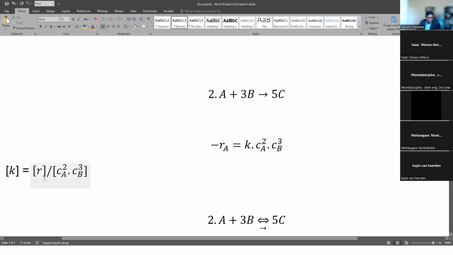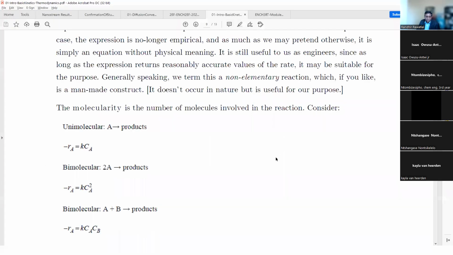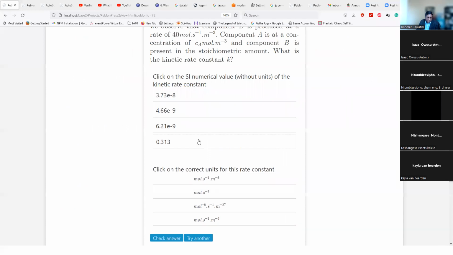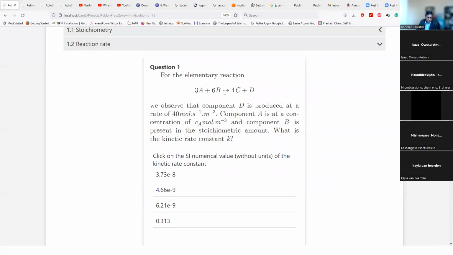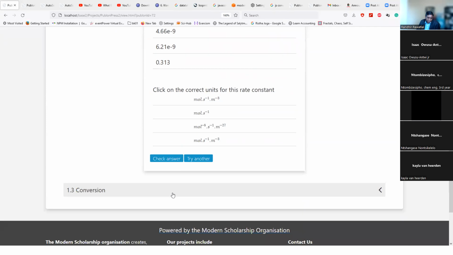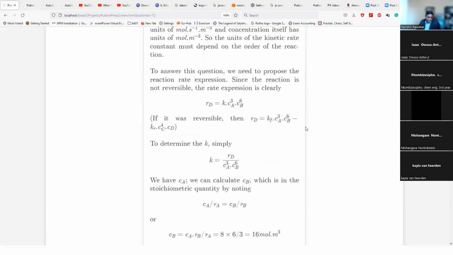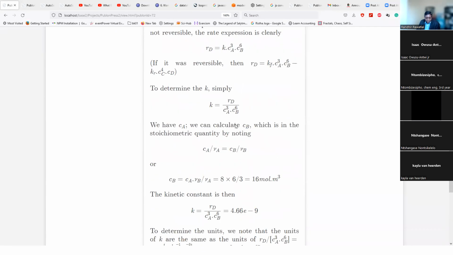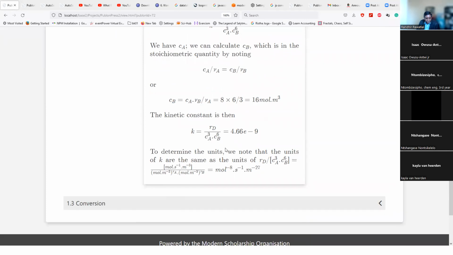Okay, and so moles per second per cubic meter divided by moles per cubic meter all squared times moles per cubic meter all cubed. And that's how you work out the units there. So you can see that in this example. So you've got nice high stoichiometric coefficients, and all of that is described here in this example. So you can work the units out like this.